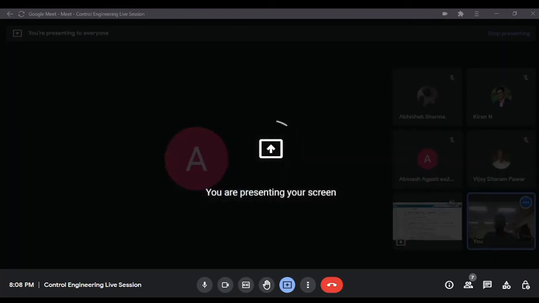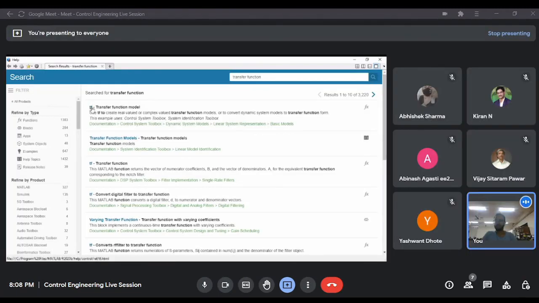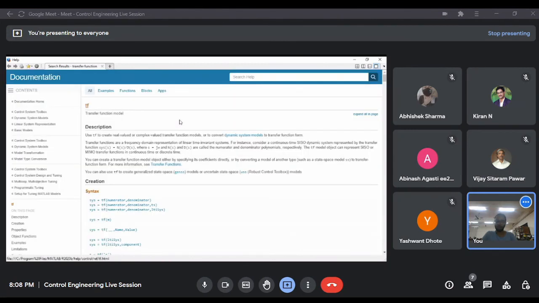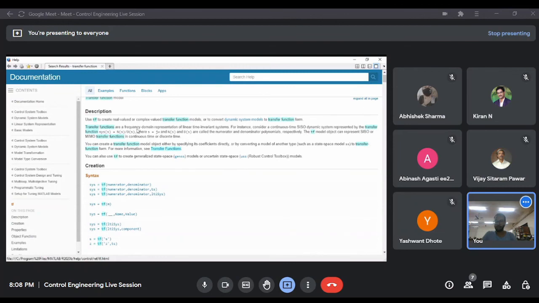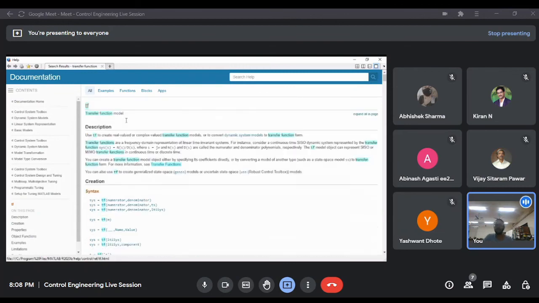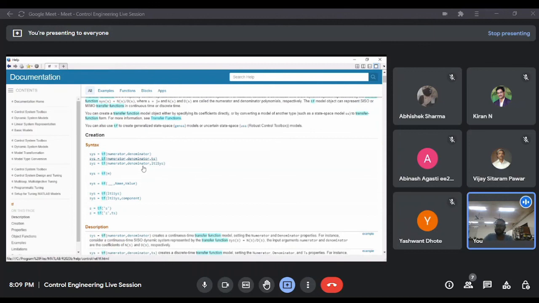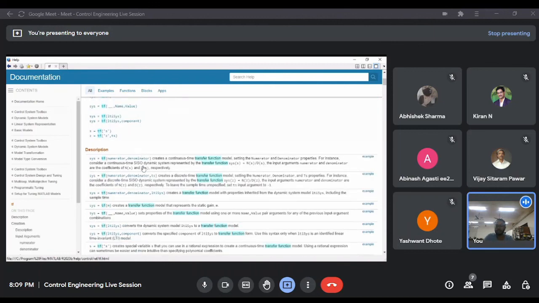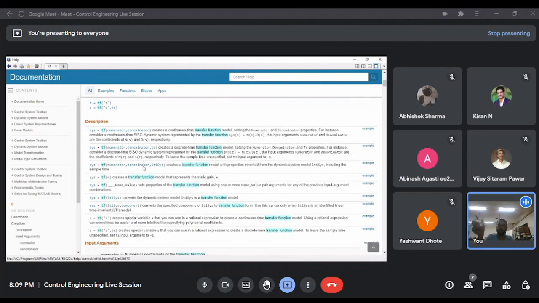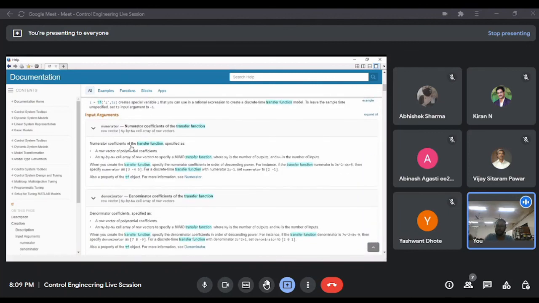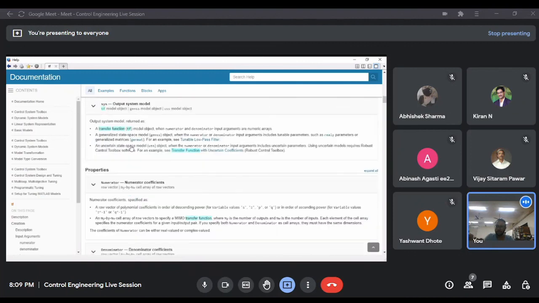Yes. Yeah, so if you go to the transfer function model, yeah. So here you can see the entire thing, like it has a very nice description for what the transfer function does. Then you can see how to use it. So then you'll see you have to give a numerator and denominator polynomial. Then there are examples as well of how to do that.